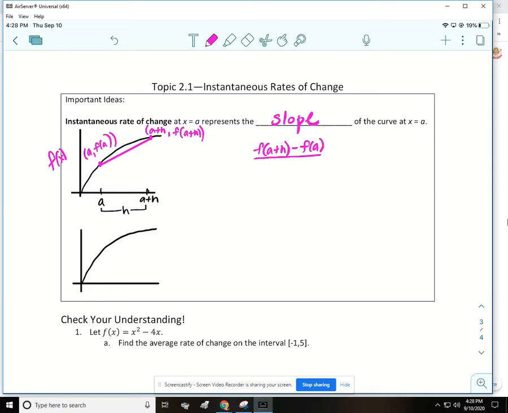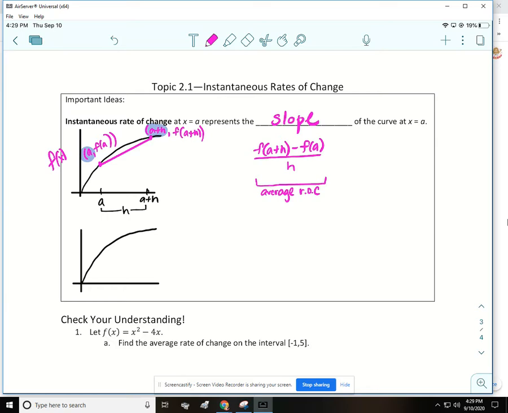So think about what you would get if you take a plus h and subtract a from it. Right, that should just be h. Okay, so this part right here, that's the average rate of change. We'll do ROC for rate of change.